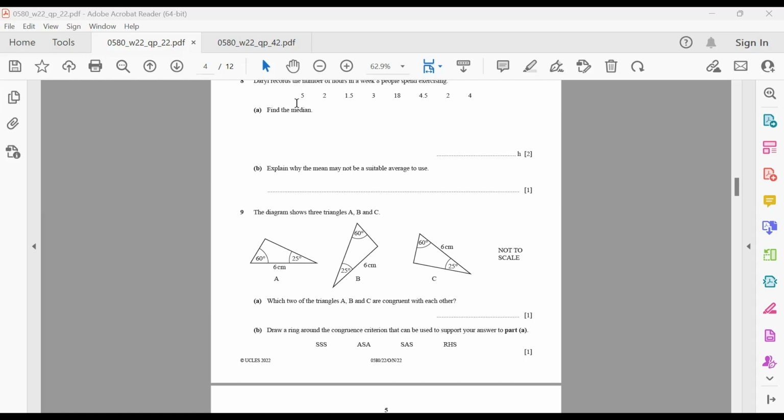So it is out of the normal set, or out of the standard deviation of values. Therefore, we can write that mean is not suitable because 18 is an extreme value. And that's your explanation.